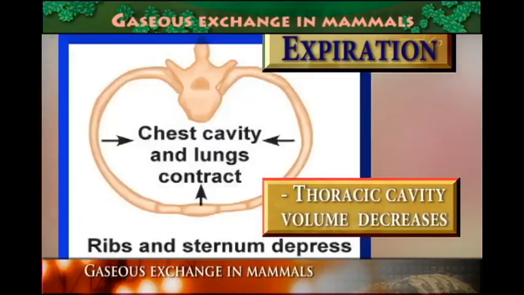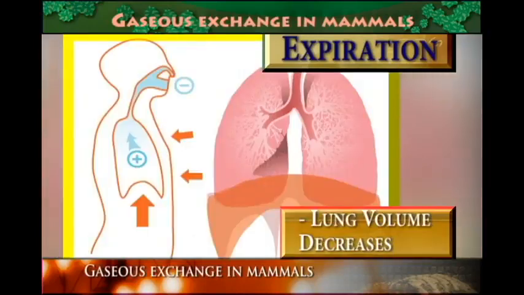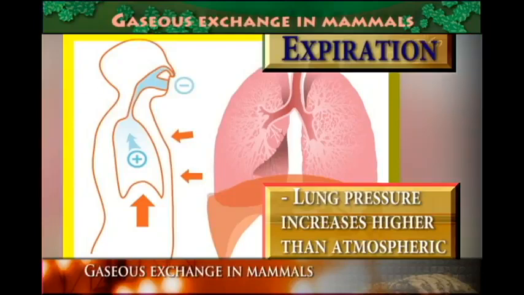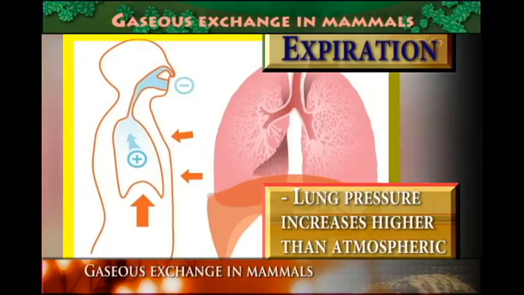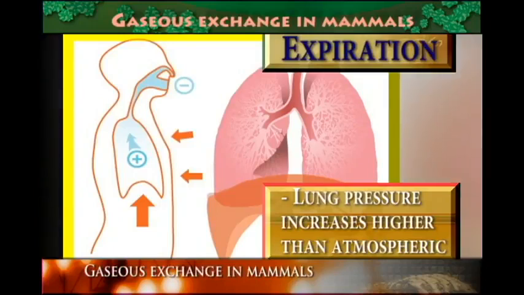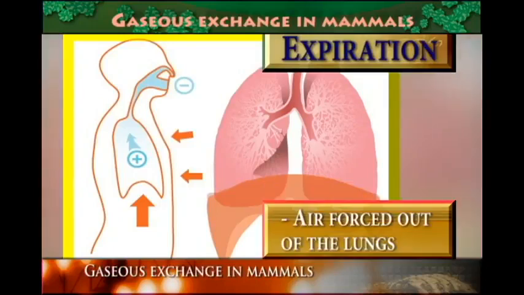The thoracic cavity volume decreases, lung volume decreases, lung pressure increases higher than the atmospheric pressure, and air is forced outside of the lungs.